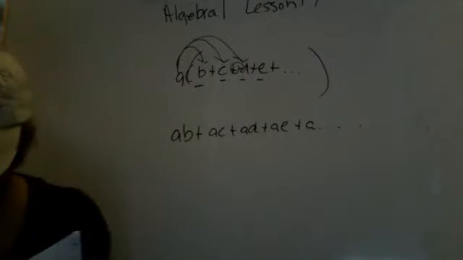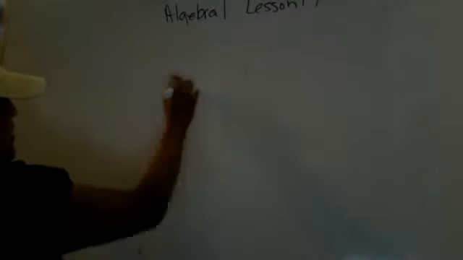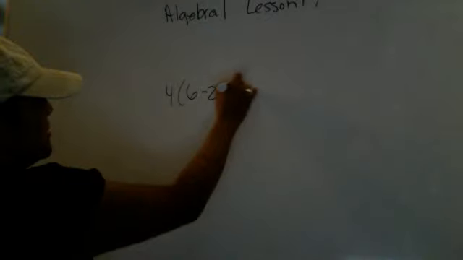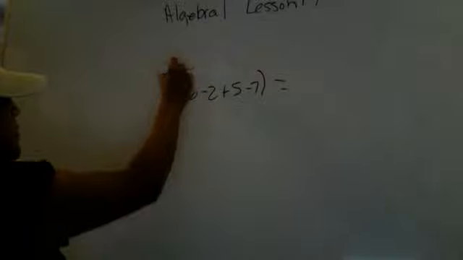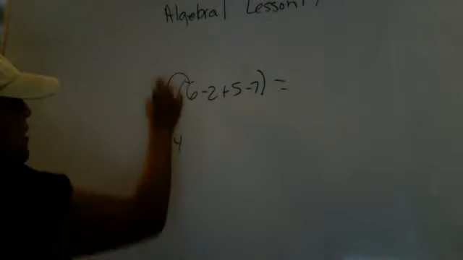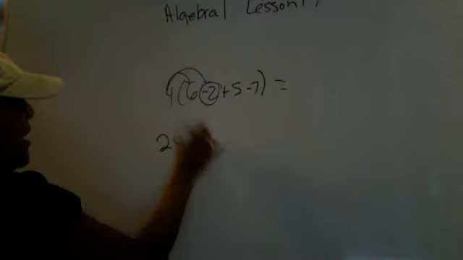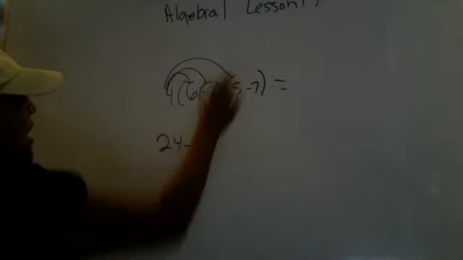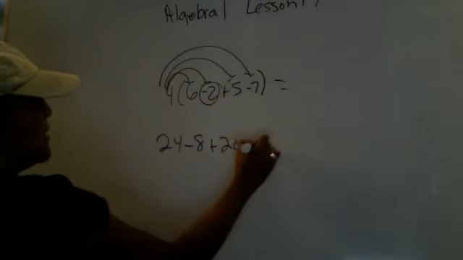Okay? So let's look at example 17.1. Let's use our distributive property. It's 4 times (6 minus 2 plus 5 minus 7) equals what? Well, let's distribute. 4 times 6 is 24. 4 times a negative 2, you can't forget the sign, is negative 8. 4 times positive 5 is a positive 20. 4 times a negative 7 is a negative 28.